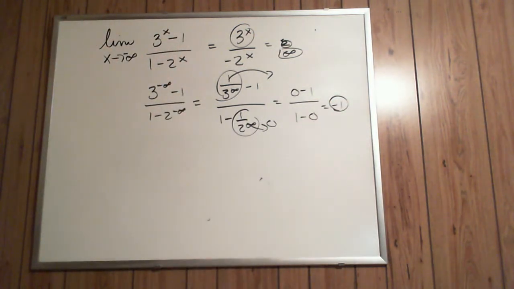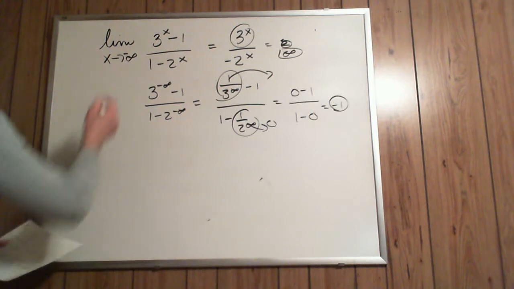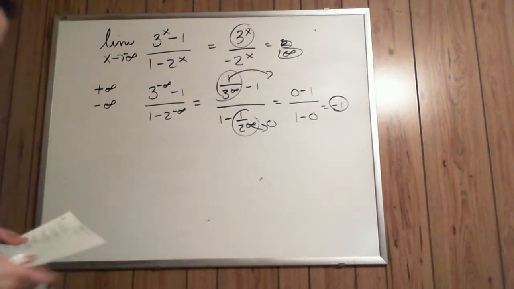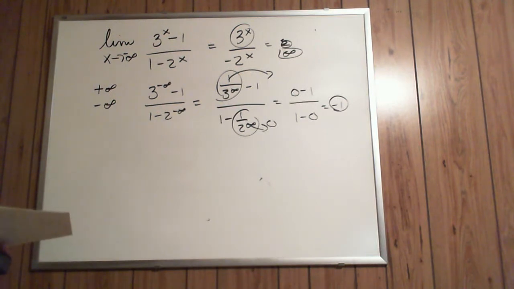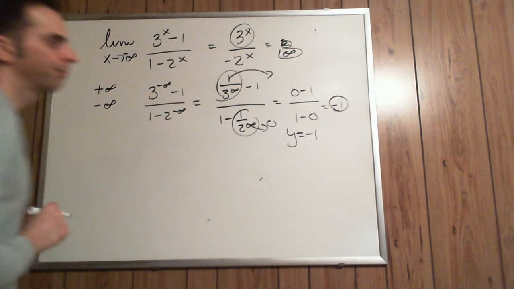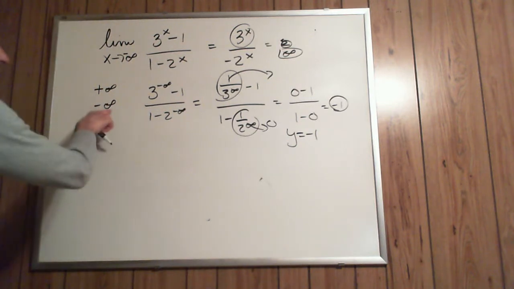So remember that when we take limits towards both positive infinity and negative infinity, these also represent horizontal asymptotes. We find horizontal asymptotes by taking the limit towards positive and negative infinity. So here, a horizontal asymptote would be y equals -1 in the negative infinity direction.